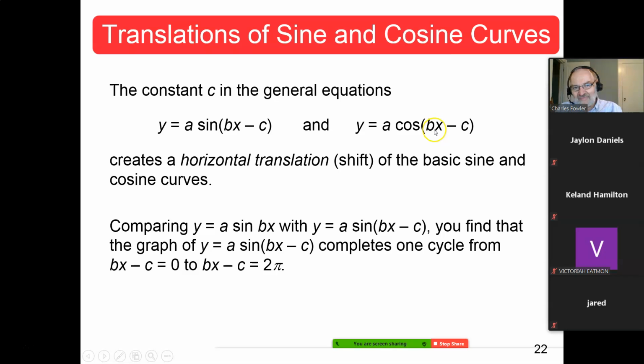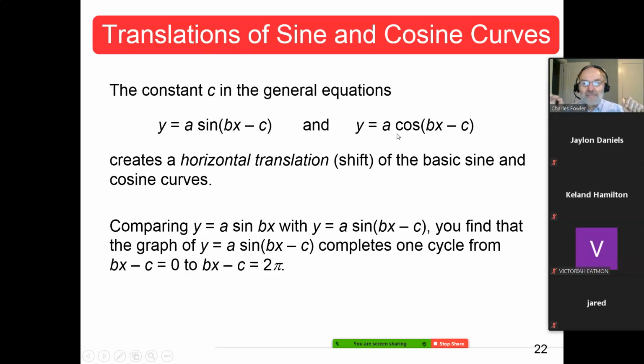Now again, if you remember, I said I like to pull the b outside the parentheses, so that makes what we're calling, the book is calling c here, actually what I call c is what they call c over b. And you'll see why, and why they don't do it this way. They're not physicists, and I think that's why. But this creates a horizontal translation or a shift in the basic sine function or the cosine function.